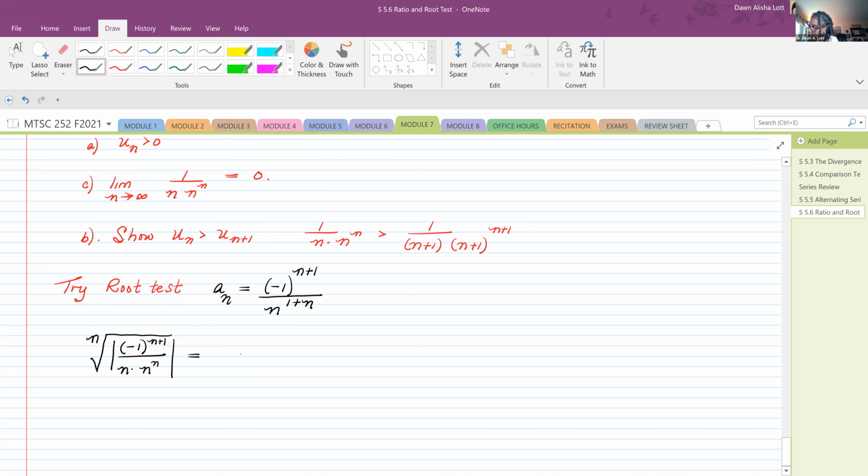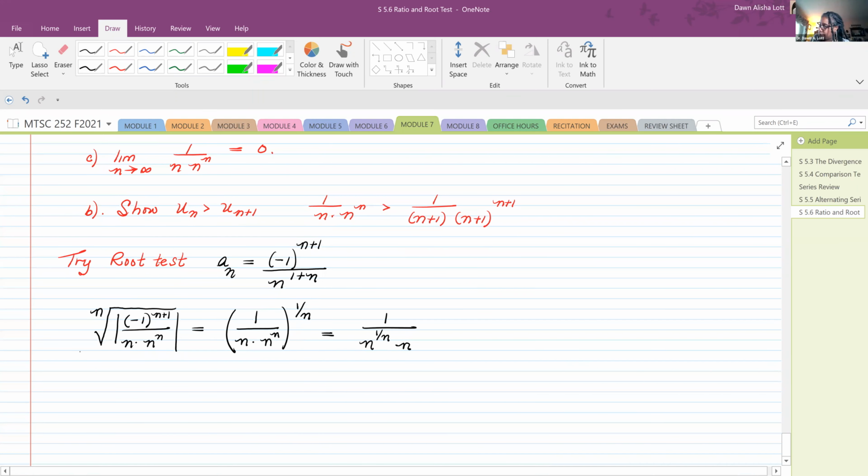I can get rid of the absolute value by making that 1 over n times n^n, all raised to the 1 over n power. So when I do that, I get 1 over n^(1/n) times n. Okay, I think I'm good now.